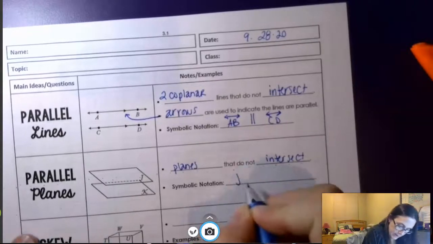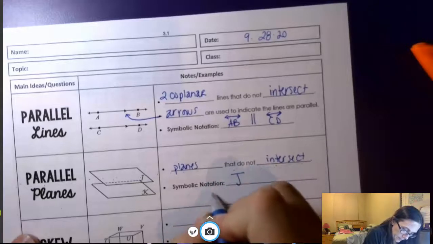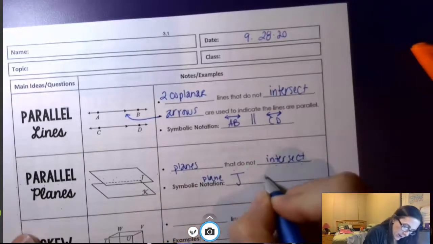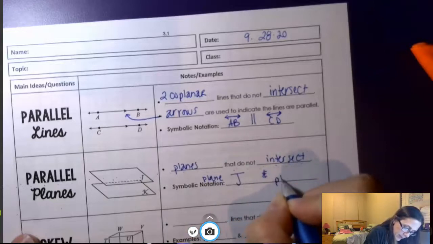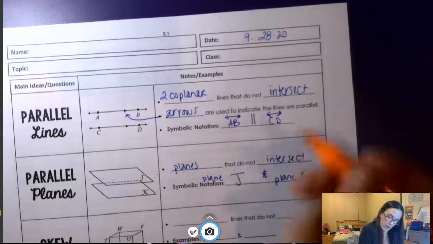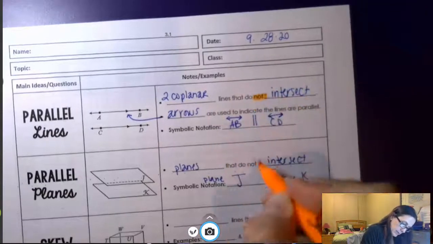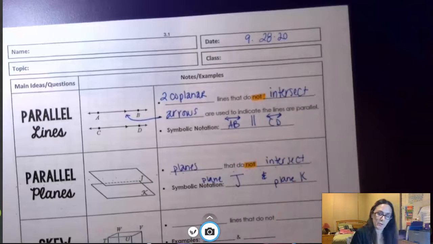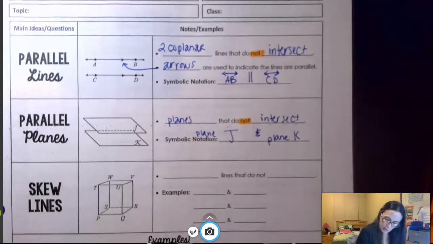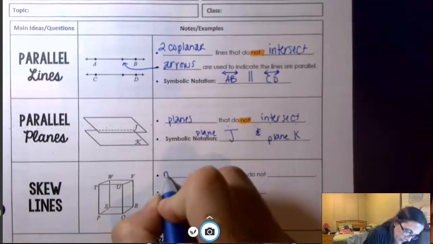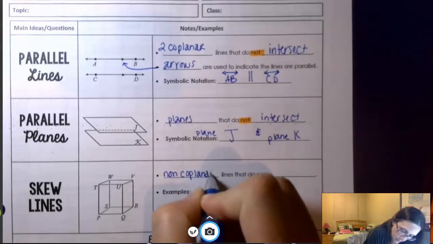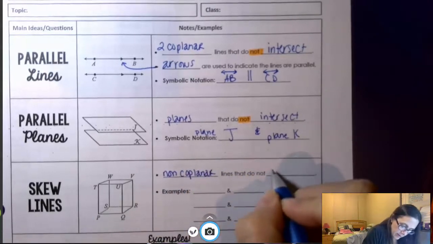I could say plane J, and the other plane is plane K. I'm going to highlight the word not in both spots, just so we remember that's kind of important. Okay, skew lines. Skew lines are non-coplanar and do not intersect again.